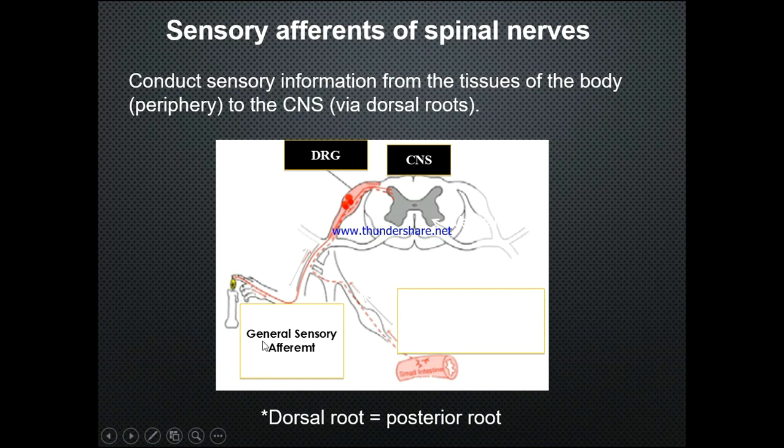On the side here we can see a somatic response, a musculoskeletal response, with sensory information going up. But don't forget, we also have to remember general visceral efferents and afferents, and we can see this coming along, communicating with the sympathetic chain and going via the grey and white rami communicantes, again following eventually the same dorsal root.